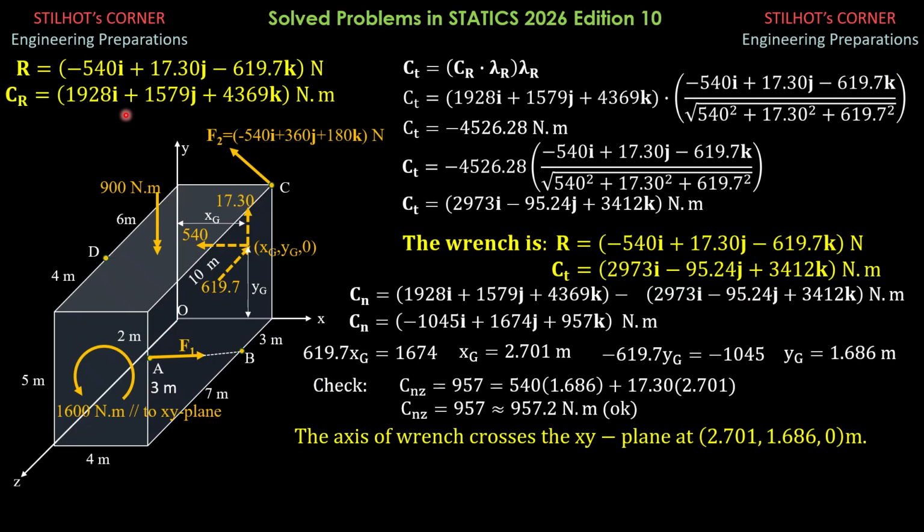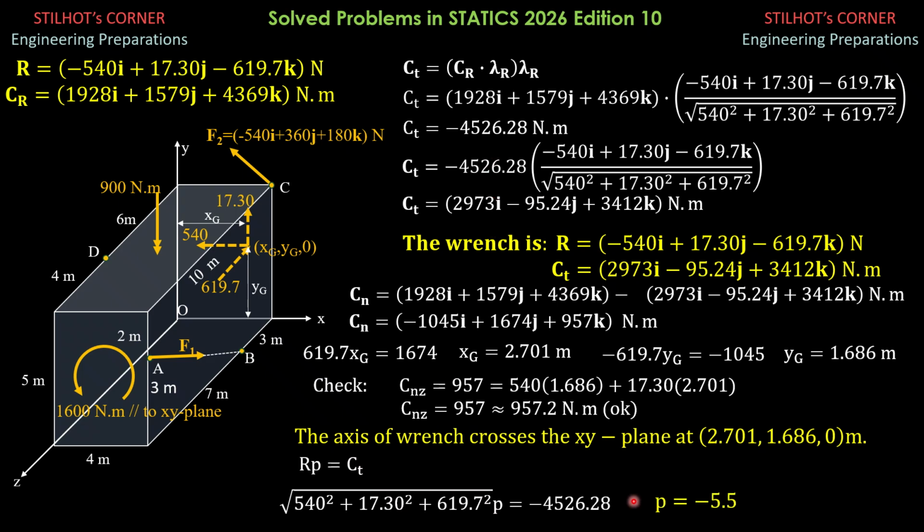The resultant force magnitude times the pitch should be equal to C sub D. And the magnitude of the resultant is square root of 540 squared plus 17.3 squared plus 619.7 squared, times the pitch equals negative 4526.28. So pitch is negative 5.505 meters.